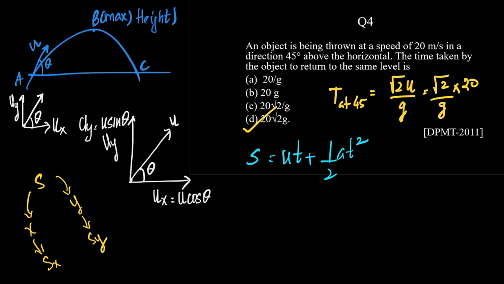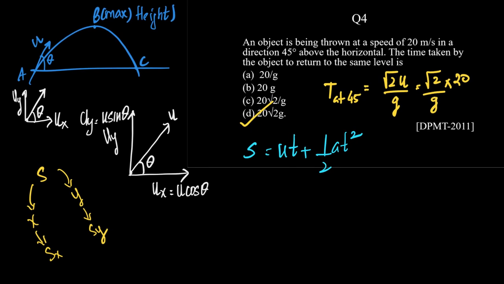Now, what do we mean by this? It means that at C, sx is equal to AC and sy is equal to 0. That is, displacement has two components, vertical component sy and horizontal component sx.